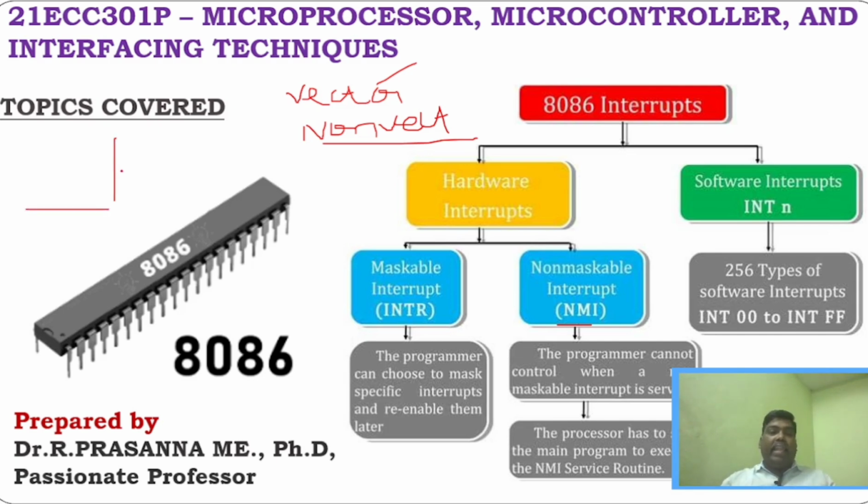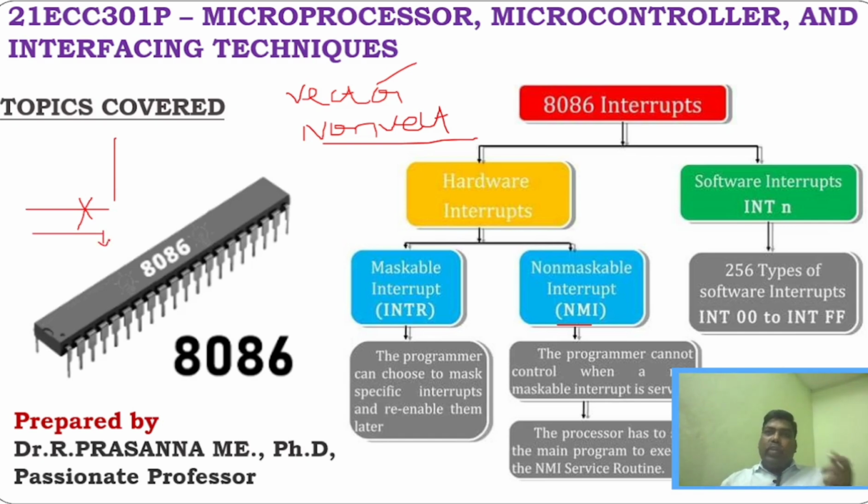The microprocessor can decide whether it needs to serve this interrupt or not. If it decides it need not serve it, it will complete the current execution and only then come to the interrupt. That is called a maskable interrupt. Maskable means it can control that interrupt. Non-maskable means it cannot control it. As soon as a non-maskable interrupt comes, it will stop the current execution and serve that interrupt.